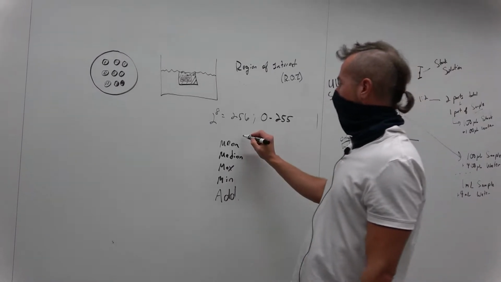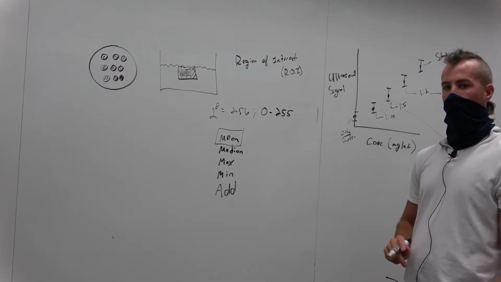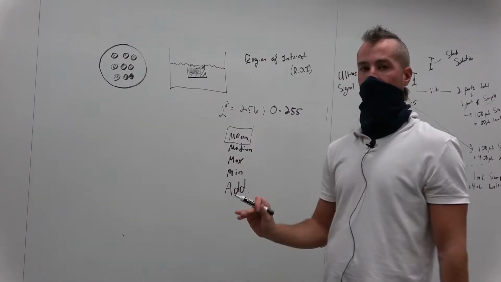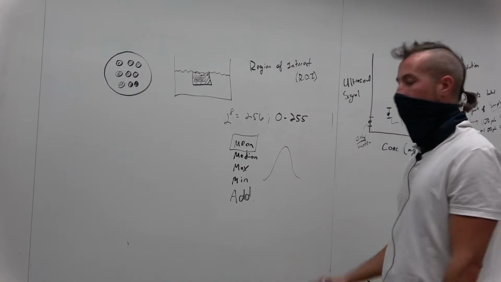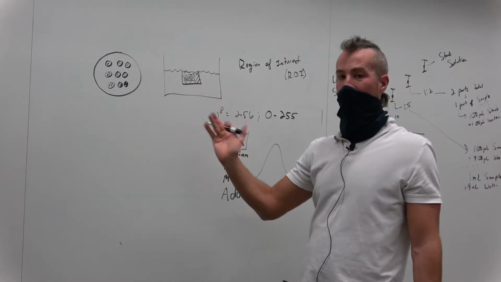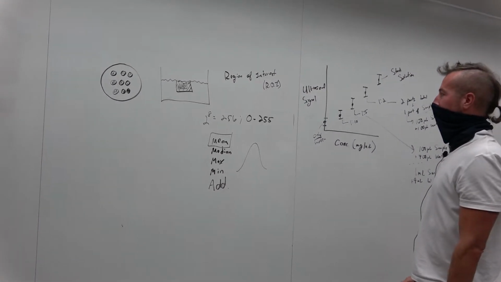I think for the purposes of this, the mean is probably the most useful, but you should be aware there's a lot of information that you could get out of this. You could plot it as a histogram, right? You've got options because there are a lot of data in images.